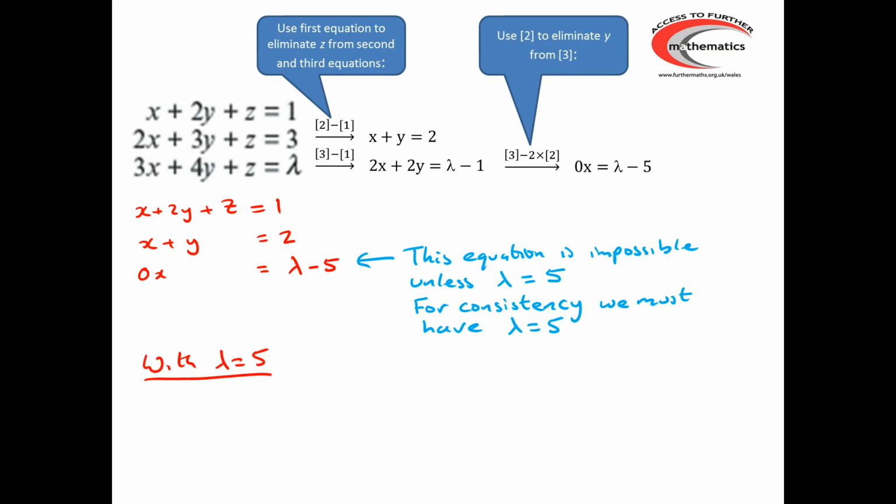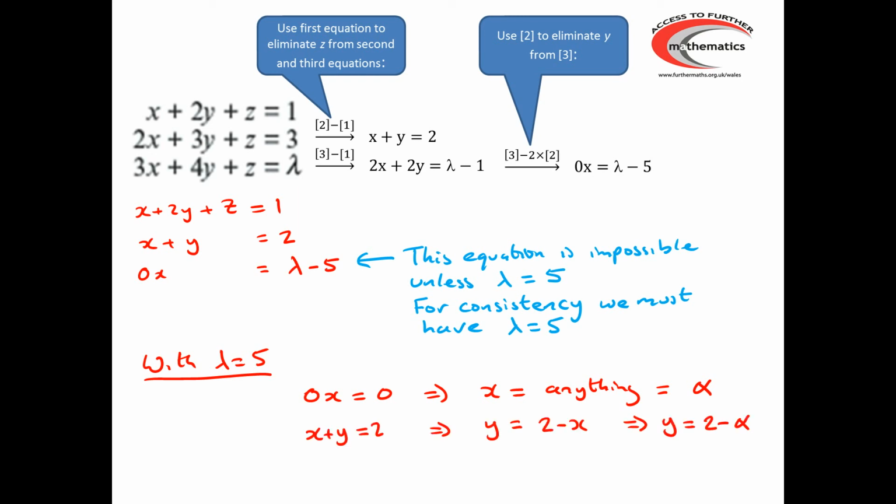If we've got lambda equals 5, then naught x equals 0 means that x can be absolutely anything we like. Let's suppose for the moment that we say that x is equal to alpha. Then the equation x plus y equals 2 tells me that y must be 2 minus x. In other words, y must be 2 minus alpha.